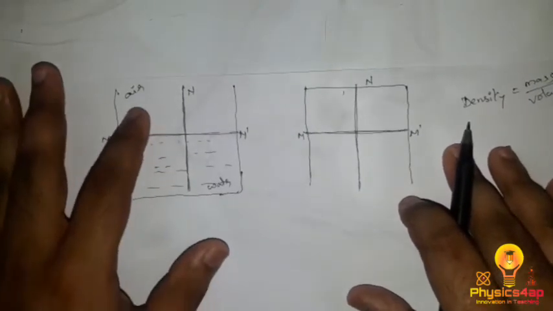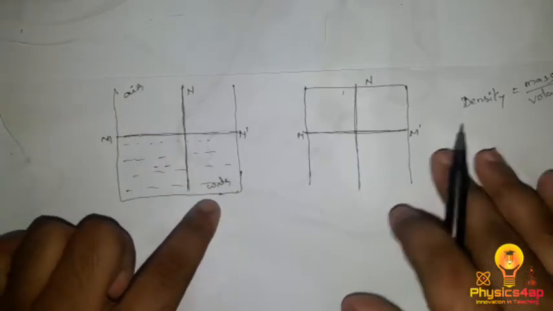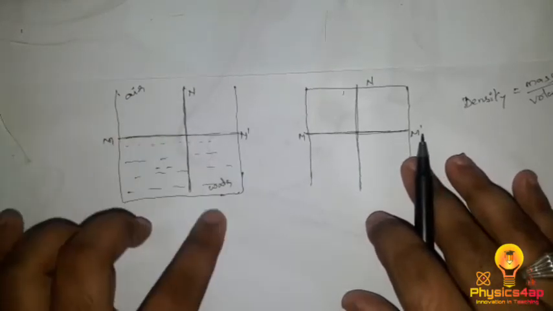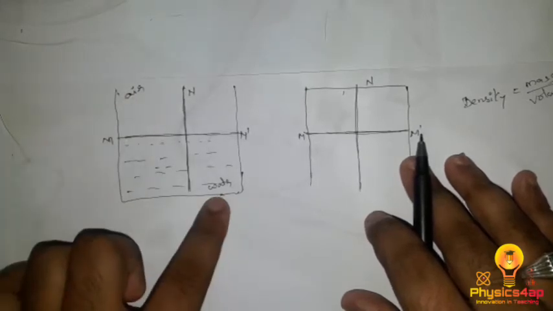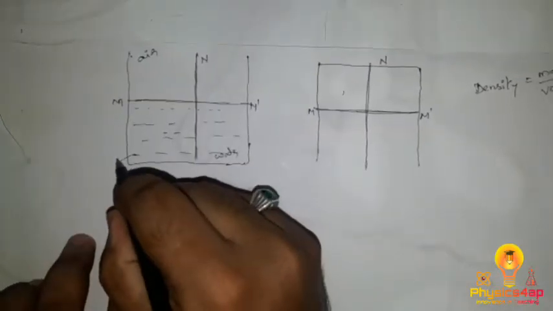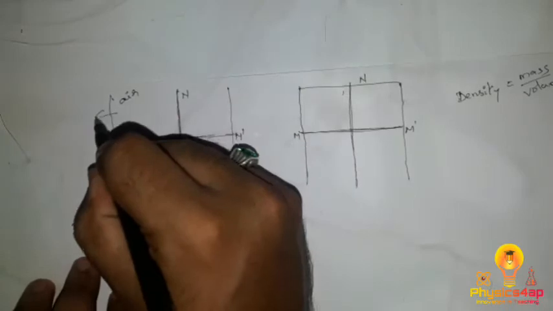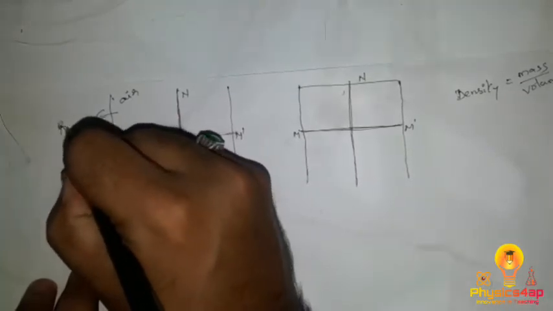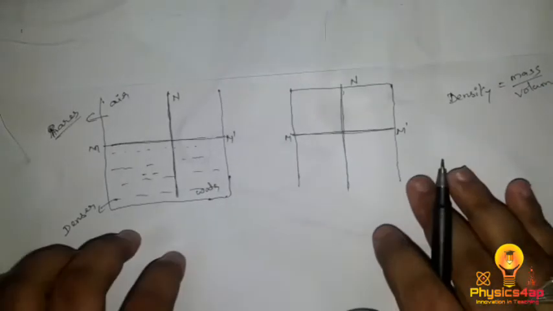For example, if you take air and water, the density of water is more when compared to air. So water is called the denser medium, and the air is called the rarer medium.